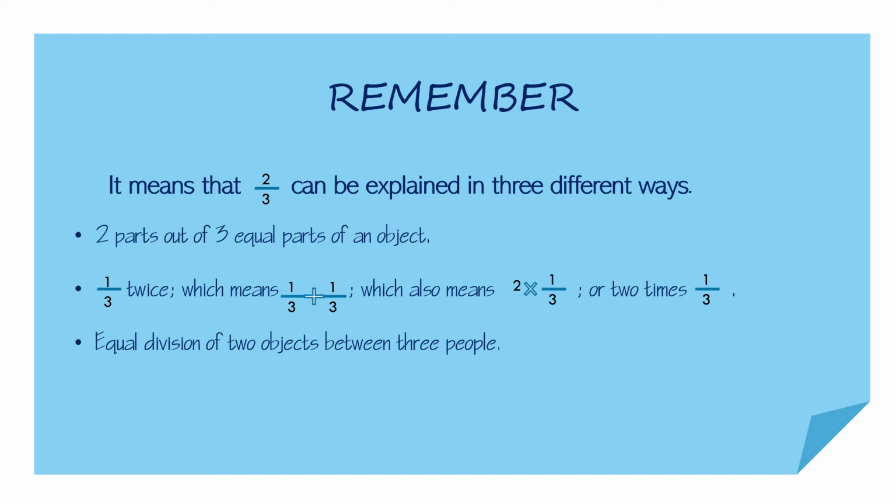It means that 2/3 can be explained in 3 different ways. 2 parts out of 3 equal parts of an object. 1/3 twice, which means 1/3 plus 1/3, which also means 2 into 1/3 or 2 times 1/3. And equal division of two objects between three people.